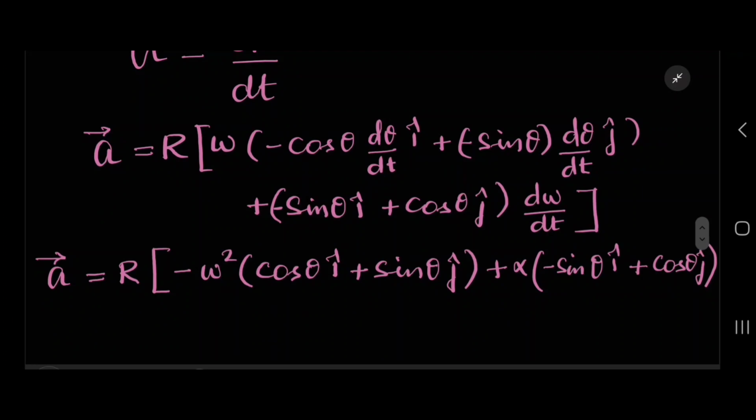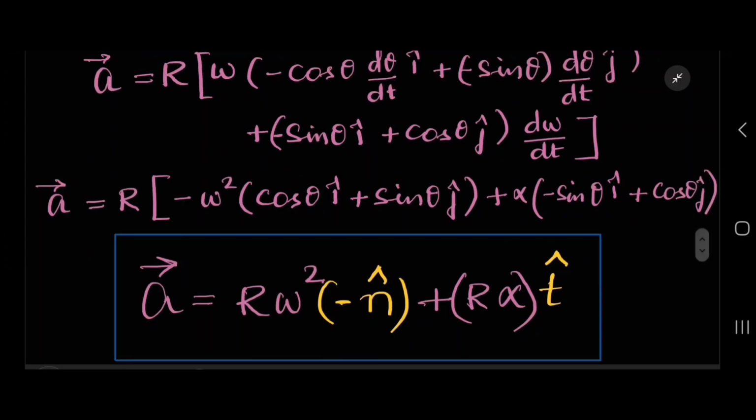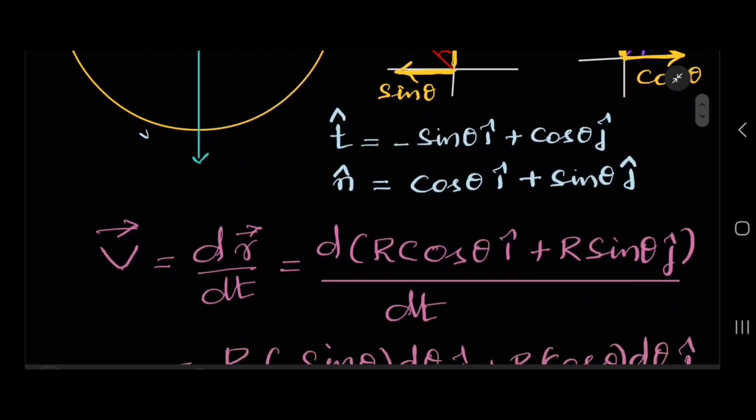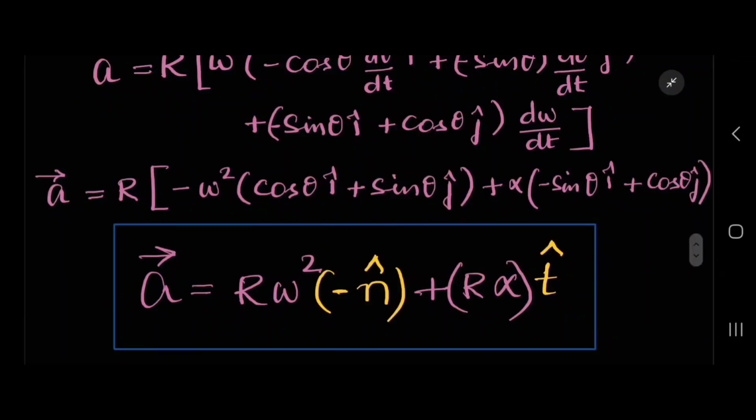Now there is this t cap and n cap in this equation. I can write a bar as minus r omega square into cos theta i cap plus sine theta j cap, which is nothing but n cap, so r omega square minus n cap, and r alpha t cap.